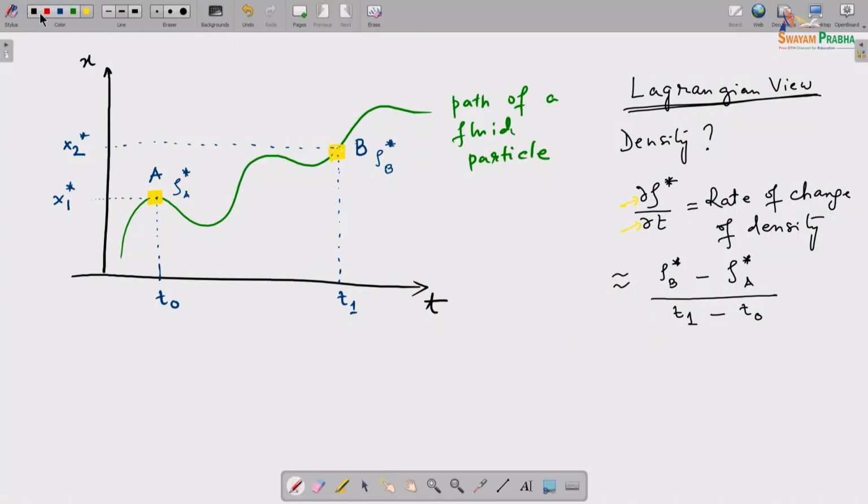What sort of a derivative would I use, because I am talking about a rate of change of the properties? Let us look at that. So let me be on this screen itself. So this is now the Eulerian description.